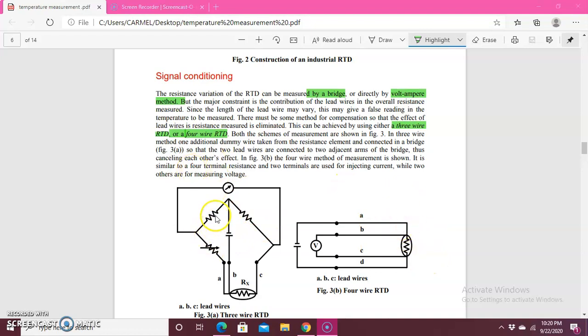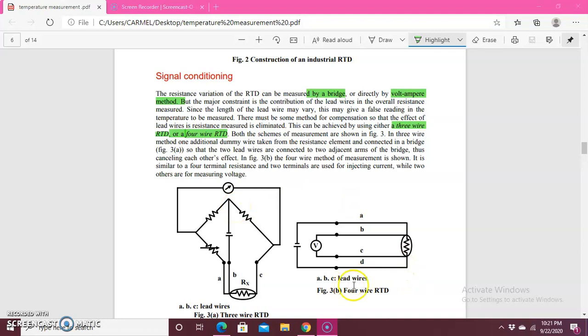Here these two resistance arms are known. This is variable and the unknown part. The unknown part we connect with an RTD because we are going to identify the resistance of this particular wire. Across that we have the meter. If there is a balance, then this meter will show 0. If there is a deflection, then we can identify the resistance using this Wheatstone bridge.